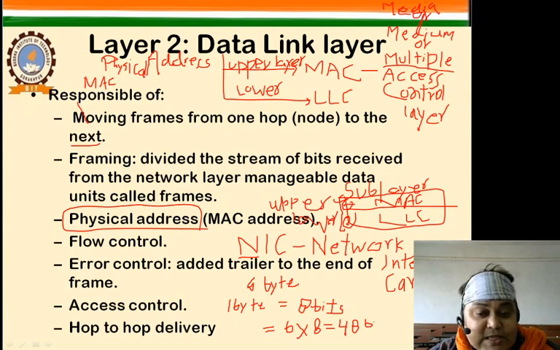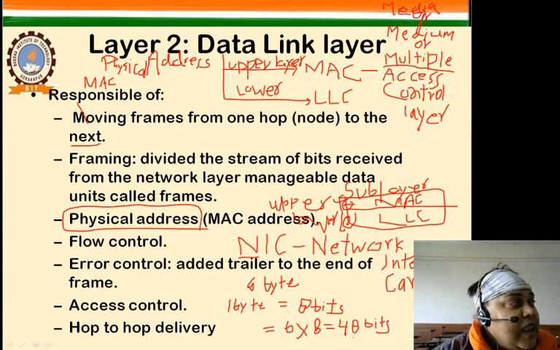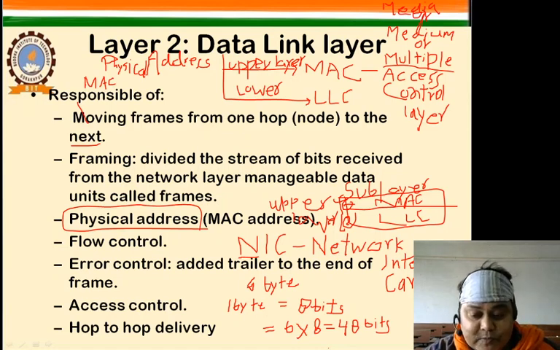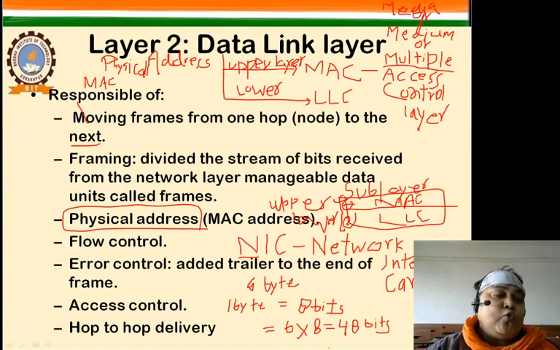This 48 bits is representing your NIC serial number, right? No two machines have the same physical addressing, like your hand impression, your thumb impression, your retina.